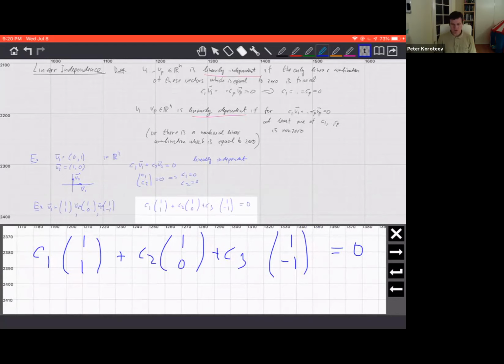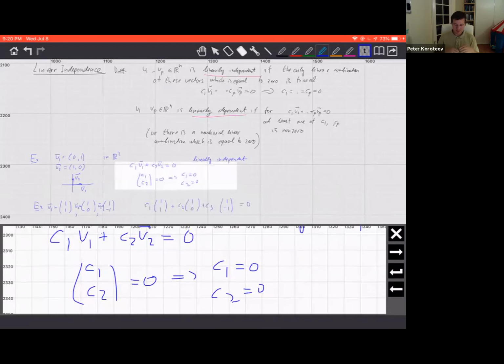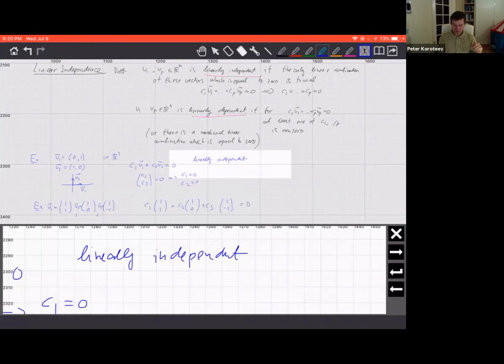So of course that's always correct. It's always possible to put them all to 0, but it's not interesting in a sense. The question is whether we can find something else. In the previous example, it was not possible for sure. C1 equals 0, C2 equals 0 was the only choice, and that's why these vectors were linearly independent.